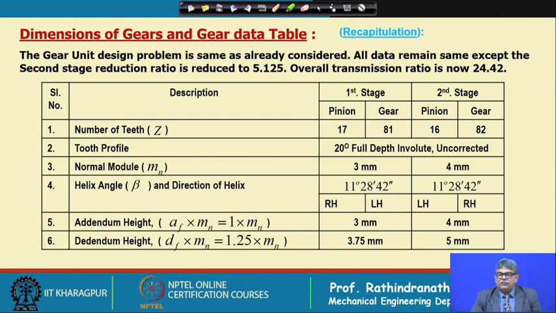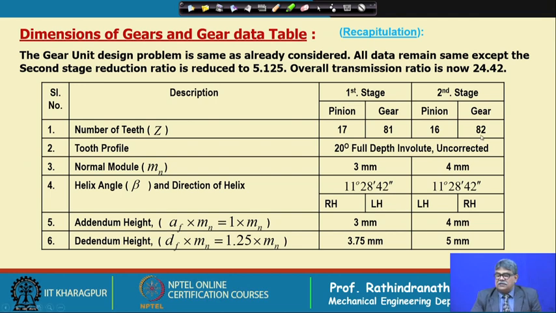Now, if we remember, the lectures are delivered on a gearbox having the transmission ratio close to 39. This detailed drawing will be done on the basis of a total transmission ratio of 24.42, with only a change in the last stage reduction ratio.